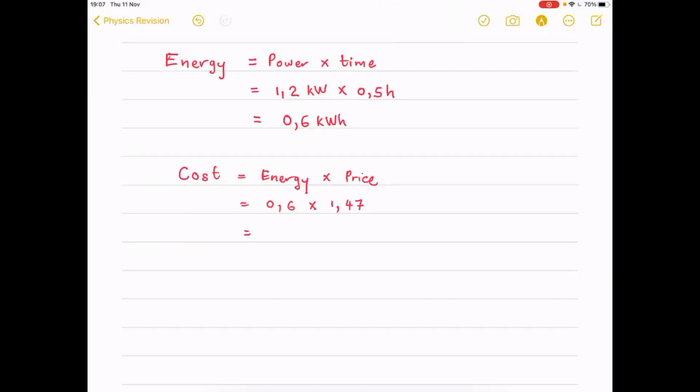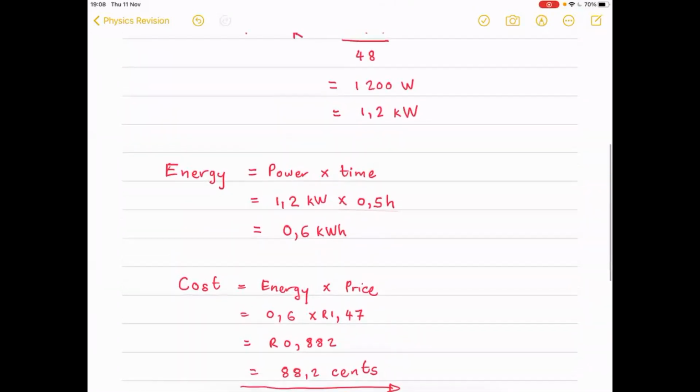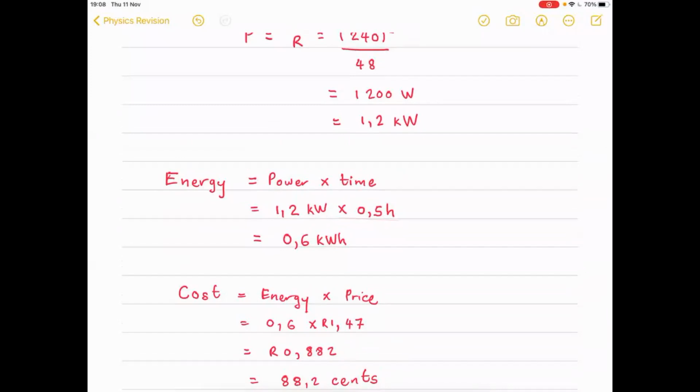And then my answer becomes 0.882. So that is actually just 88.2 cents, just 88 cents. Okay, so that's how you do that. You don't have to write out all the steps, but this is the method. Are you happy with that?